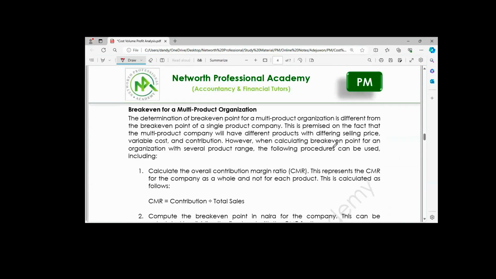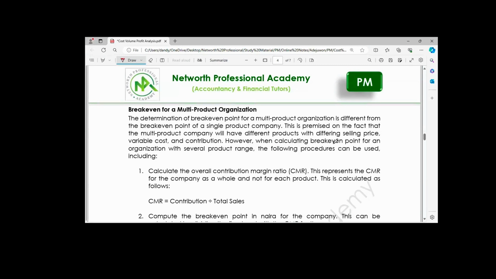Multi-product break-even. Now, the way you calculate break-even points for a single product organization is different from the way you are going to calculate break-even points for a multi-product organization. This is because for a multi-product organization, each product will have different selling price, different variable cost, and different contribution.